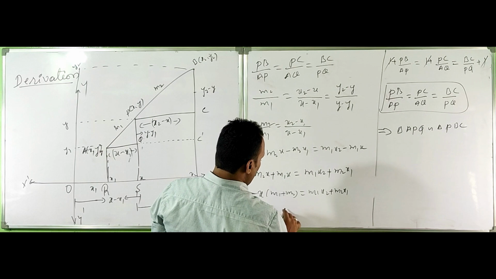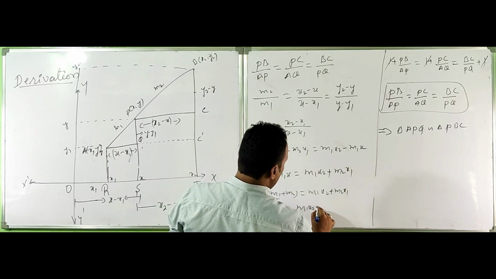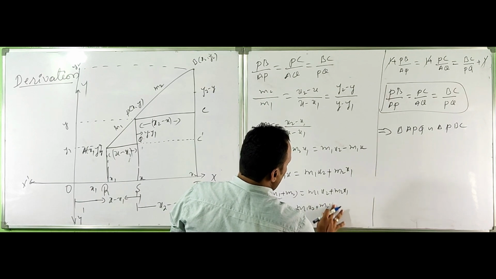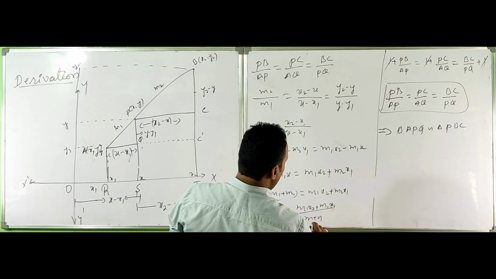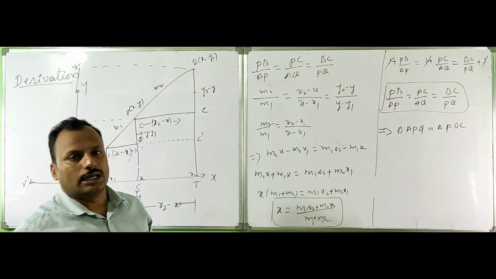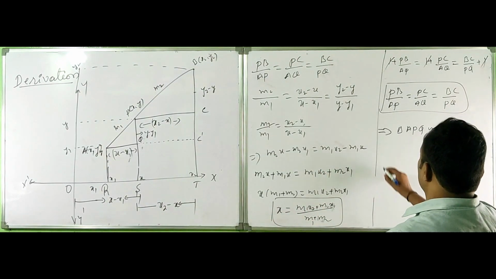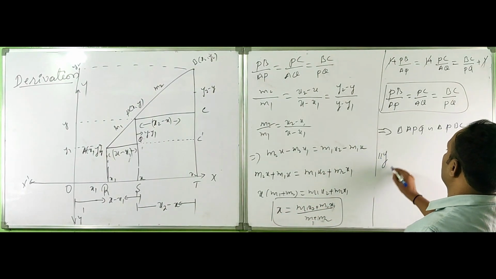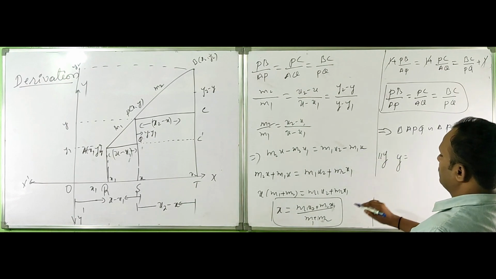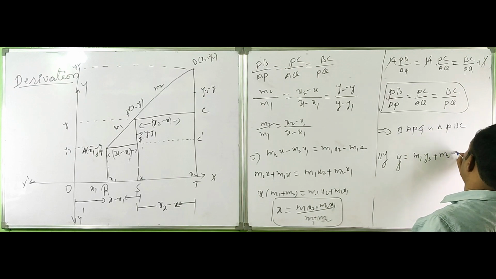So the value of X is equal to M1X2 plus M2X1 divided by M1 plus M2. Sometimes they will take it as an M is to N ratio. Similarly, Y is equal to M1Y2 plus M2Y1 divided by M1 plus M2.